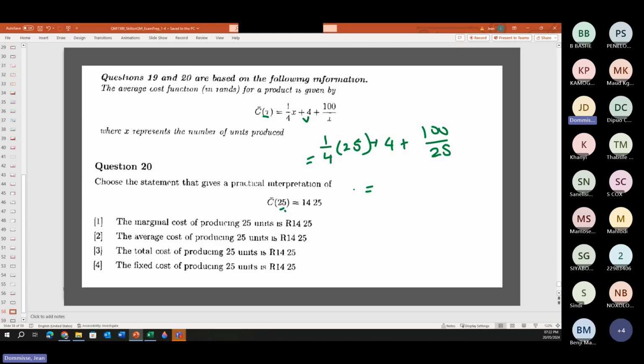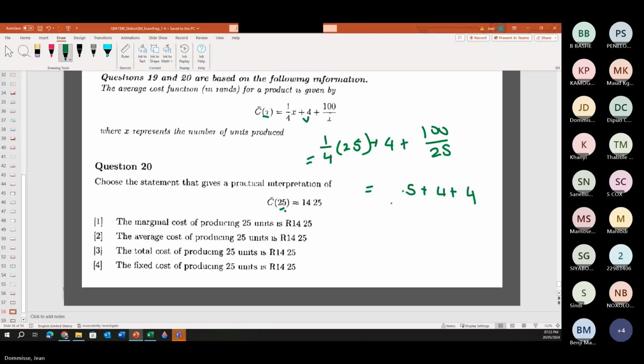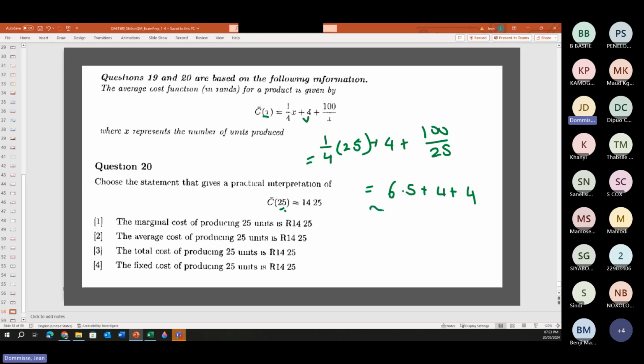Then 0.25 times 25 is 6.25, plus 4, plus 4. So yes, that is close to 14.25.